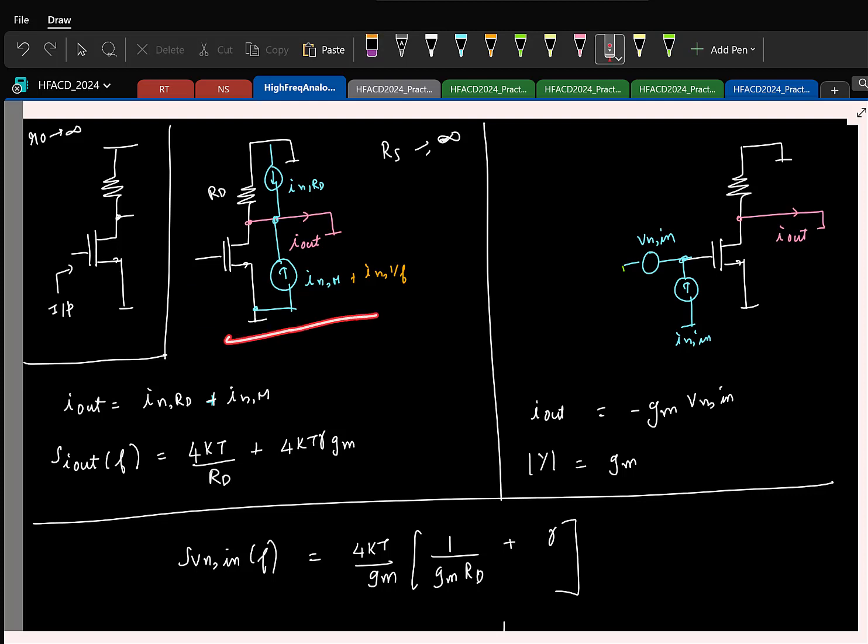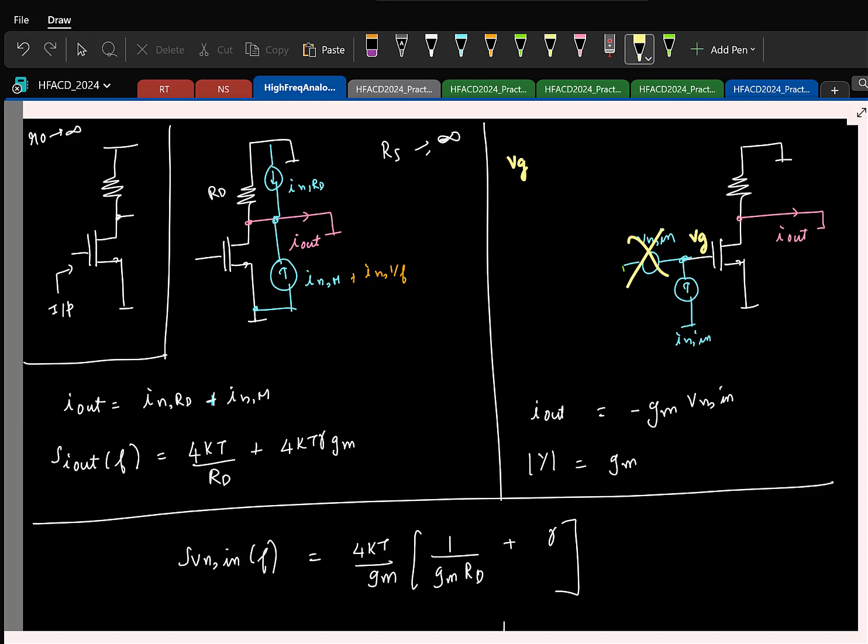Here I'll try to find the transfer function, and if I open this, the voltage source is floating. It's not playing any role. So this is, let us say, not there. Now I am pumping in a current In. If I call the gate voltage VG, what is VG, do you think?